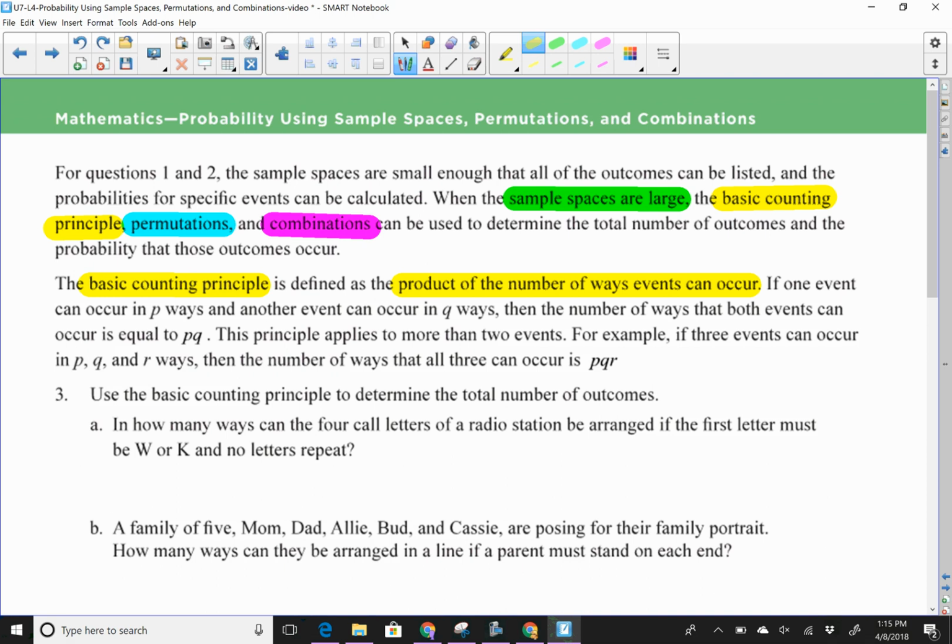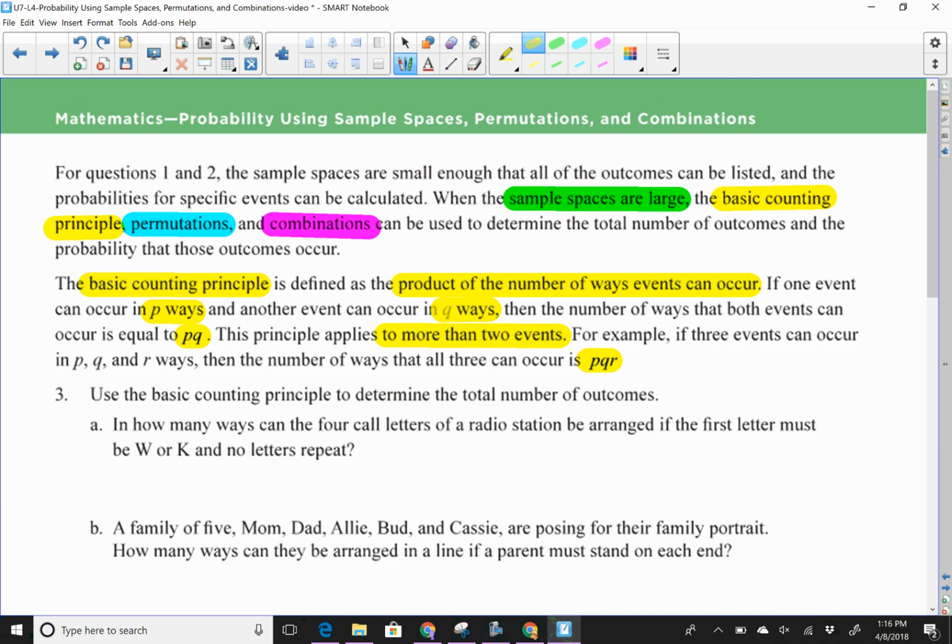If one event can occur in P ways and another event can occur in Q ways, then the number of ways that both events can occur is P times Q. A very simple example: in your closet, if you have 3 pairs of pants and 5 shirts, how many different outfits can you make? 3 times 5, or 15 different outfits. And we're not saying the outfits look great, but as it says, it can apply to more than 2 events. So however many different events you have, you're going to multiply all the different ways that it can happen.